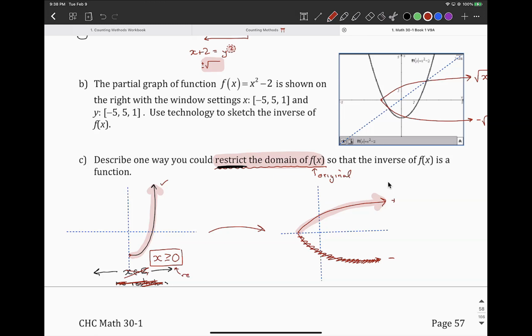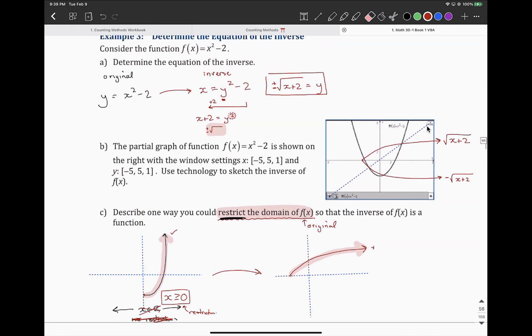That's called a restriction because we're not letting it go left and right forever. We're imposing our will. And that has the effect of eliminating a good chunk of the inverse reflection. All is good. Everything passes the tests. And that is a really specific skill and question we're hoping that you can be on top of.